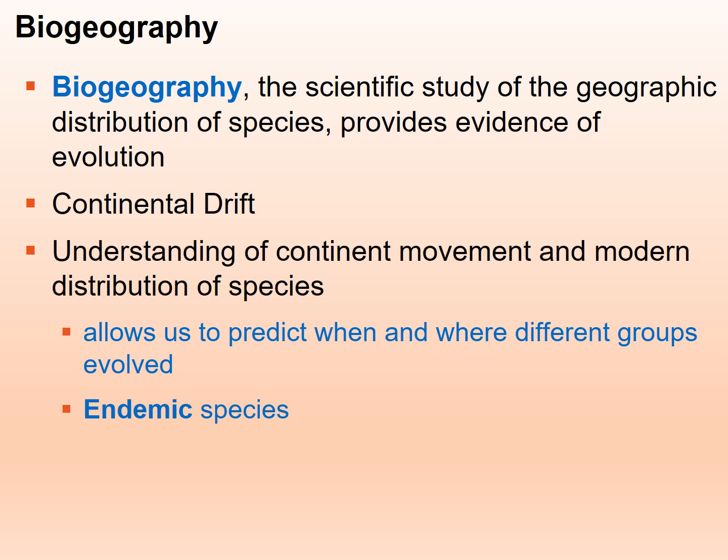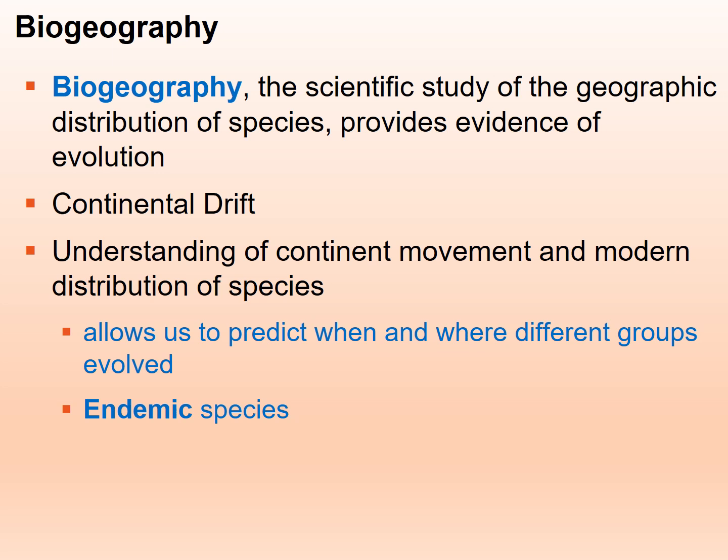It's important that we understand the movement of the continents and the distribution of species that exist today, and then compare this with what could have existed years ago. It allows us to predict when and where different groups had evolved.